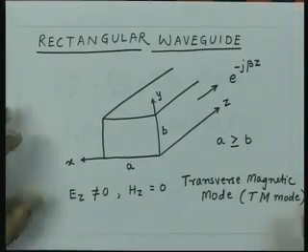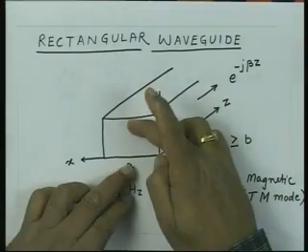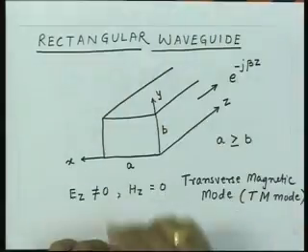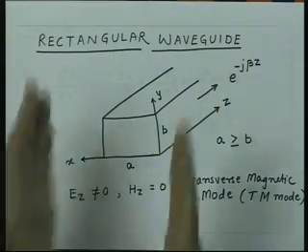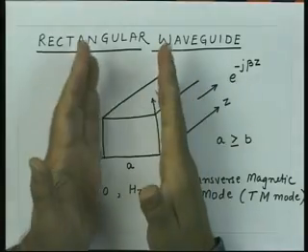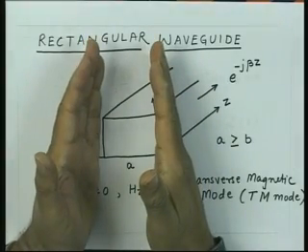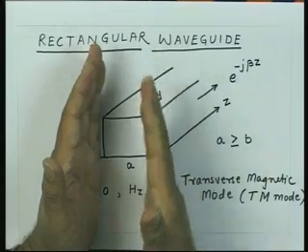Also, we have information from the parallel plane waveguide, and that is, suppose I make one of the dimensions of the waveguide, I push it up, let us say I make b equal to infinity, then essentially I get a structure which is a parallel plane waveguide. And I have seen for parallel plane waveguide that this can be visualized as the propagation of uniform plane wave inside these parallel planes by multiple reflection on these 2 planes.